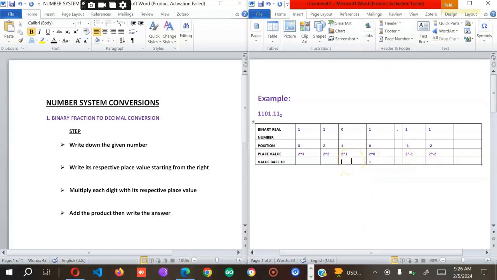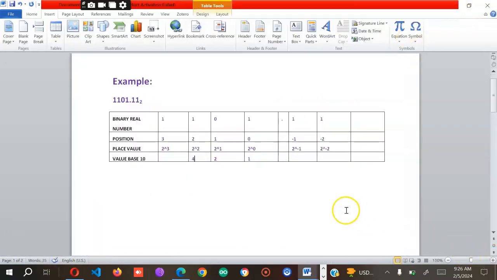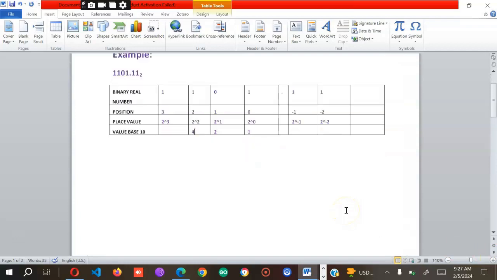2 raised to power 1 is 2. 2 raised to power 2 is 4. Okay, let me expand it for you to be able to see it. Then this one raised to power 3 is supposed to give us 8. Well, on the other side, we have 2 raised to power negative 1.